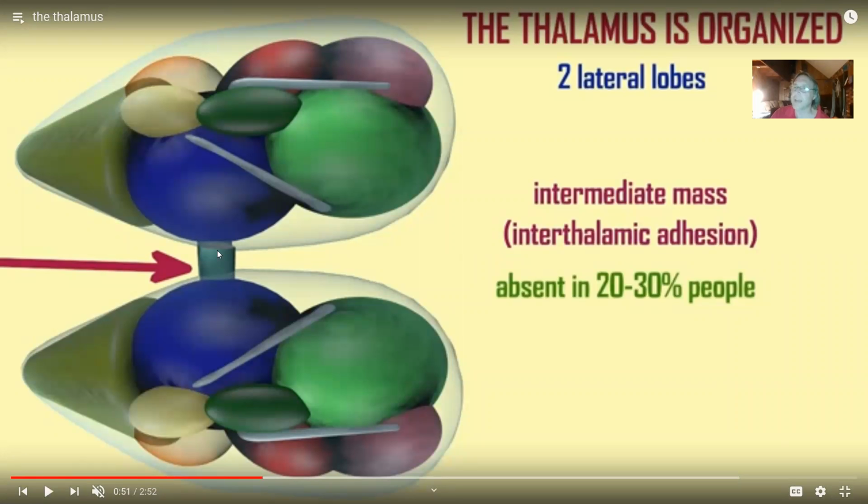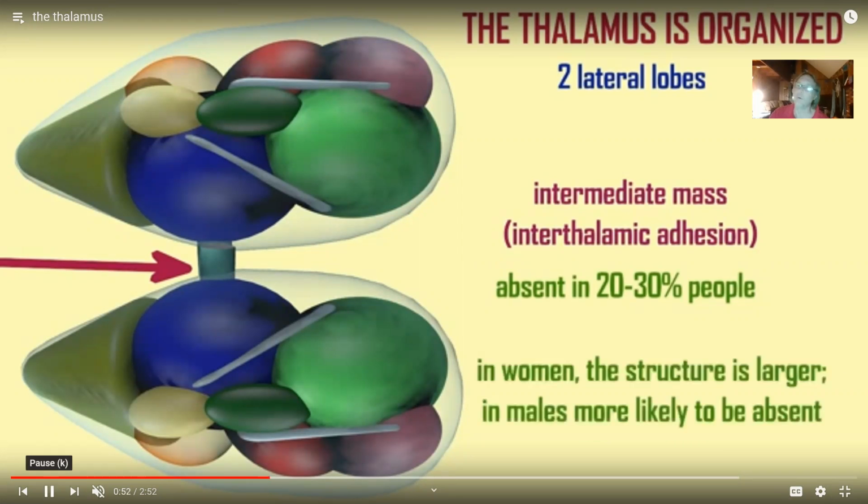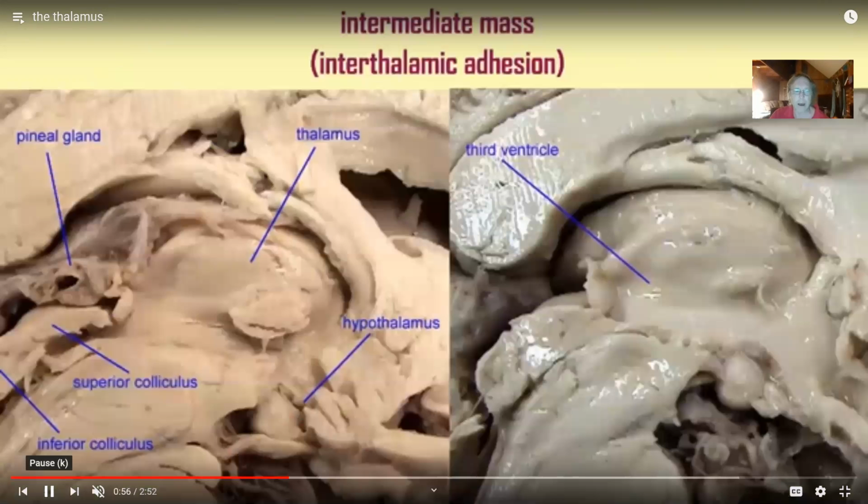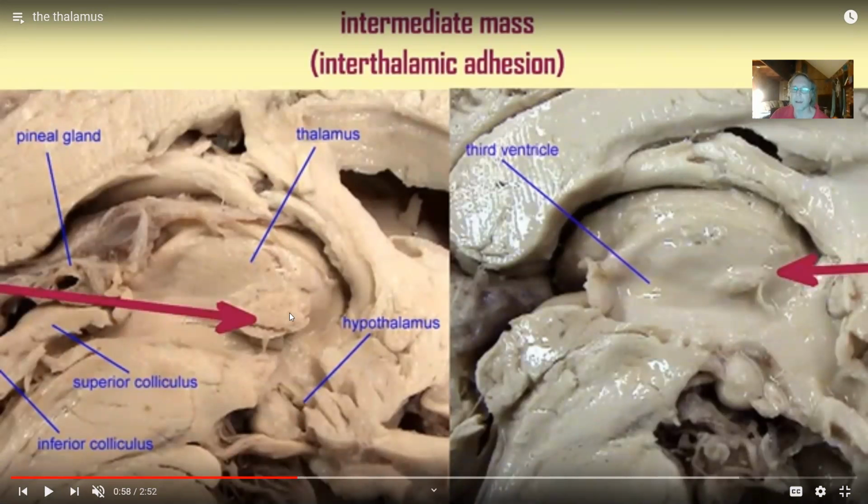These two lateral lobes actually do meet in the midline in most individuals with a small intermediate mass, although this isn't present in 100% of the people. So here you notice this is the area where in this person's brain the two lateral halves of the thalamus joined, and the same thing here.